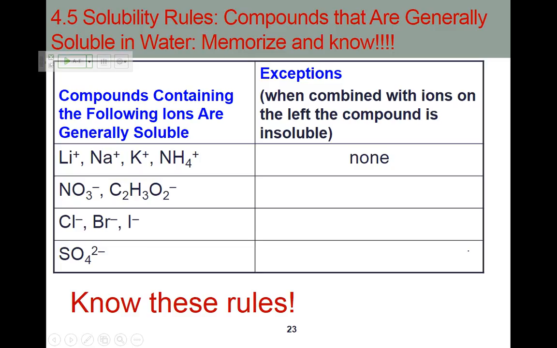Let's make sure the solubility rules are based on aqueous solutions, not nonpolar solvents like in organic chemistry. So we're talking about in water. There are no exceptions. If you see an ionic compound that has lithium, sodium, potassium, or ammonium ion, then it's going to be soluble. Now, NO3- and our acetate ion also are pretty soluble, no matter what they are attached to. So we don't have any exceptions.